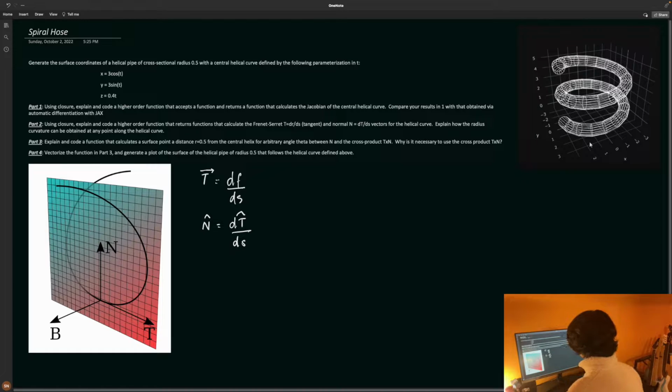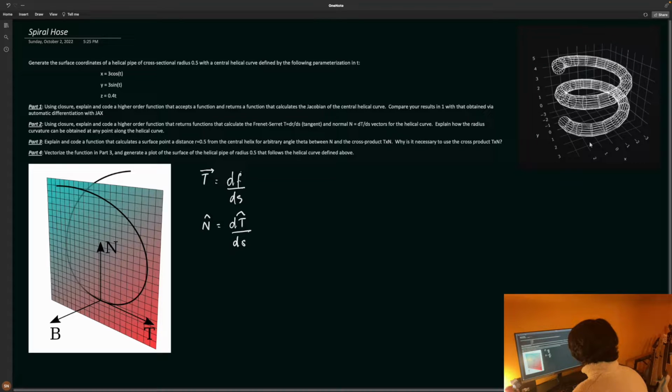Okay, so essentially what the Frenet-Serret formula tells us is that the tangent vector is the derivative of the curve's function with respect to its arc length, and the unit normal vector is the derivative of the tangent unit vector with respect to the arc length.